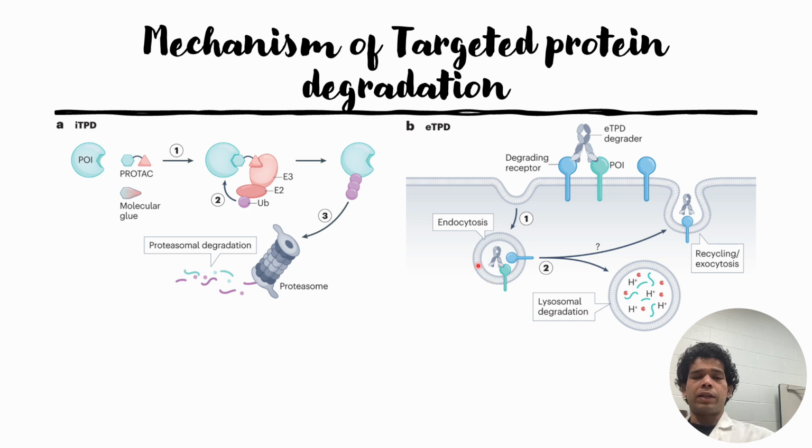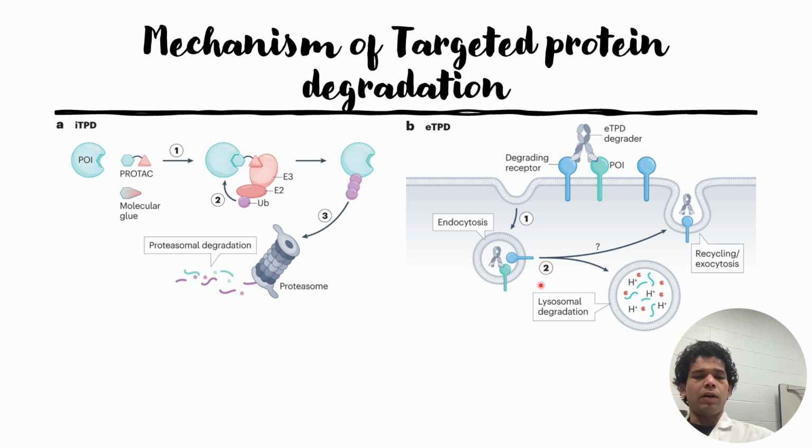Once that endocytosis occurs, it will release the degrading receptors again to the cell surface, and that is shown here, this recycling or exocytosis. But the targeted protein, or the protein of interest, will be directed towards lysosomal degradation.